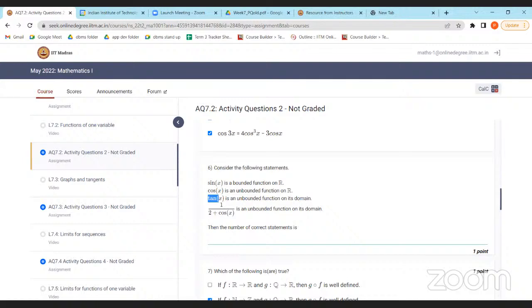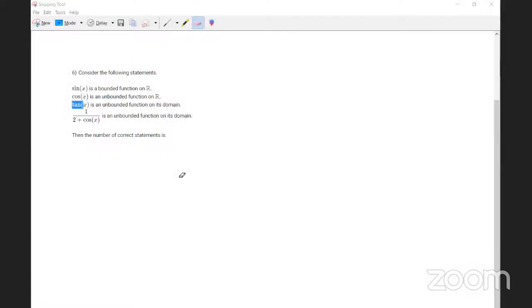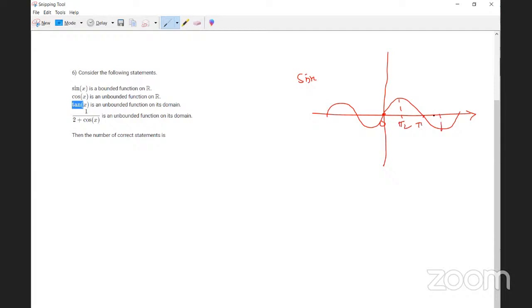Wait, let me take this question. You are asking about a periodic function, no? Yes. See, what is the graph of sin x here? If I draw it like this, it will go this side also. Right? 0, pi by 2, pi, 3 pi by 2, 2 pi.